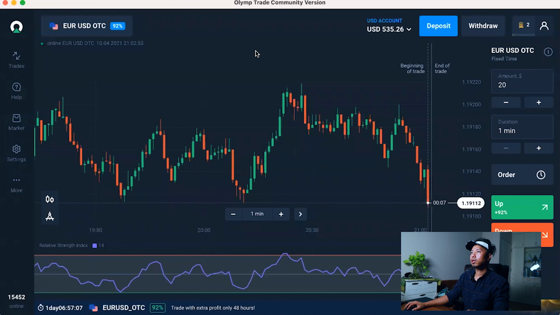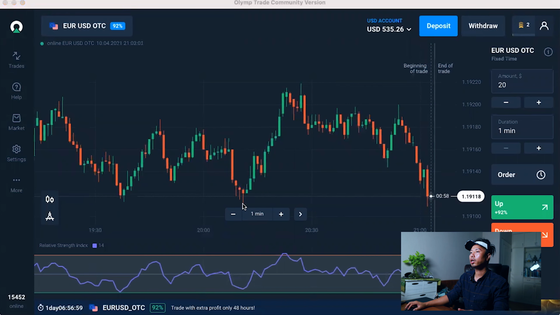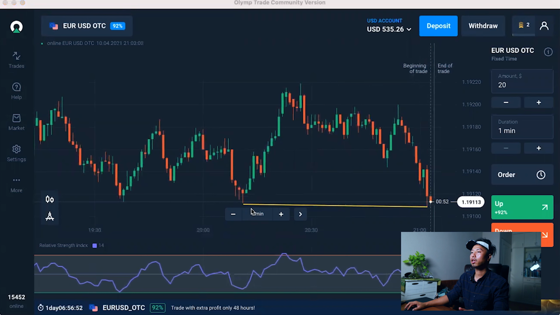Let me draw the line. And what does that mean? Divergent, convergent is something you see on the price chart, for example from this point to this point, and below, when you draw on the lower chart, like that. So this is called a bullish divergent.